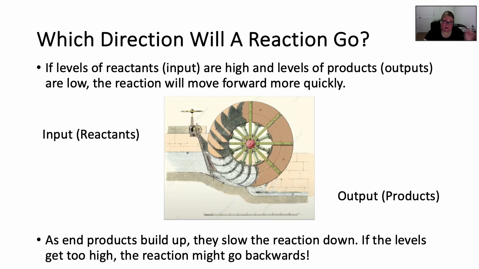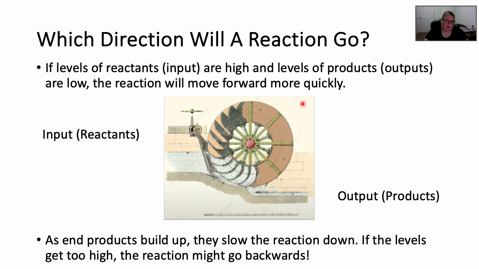Now, when this happens and the products have a higher energy or higher level than the reactants, say our water is about right here, so it's going to be above the level here. What's going to happen is all of our products have built up on this side of the wheel.